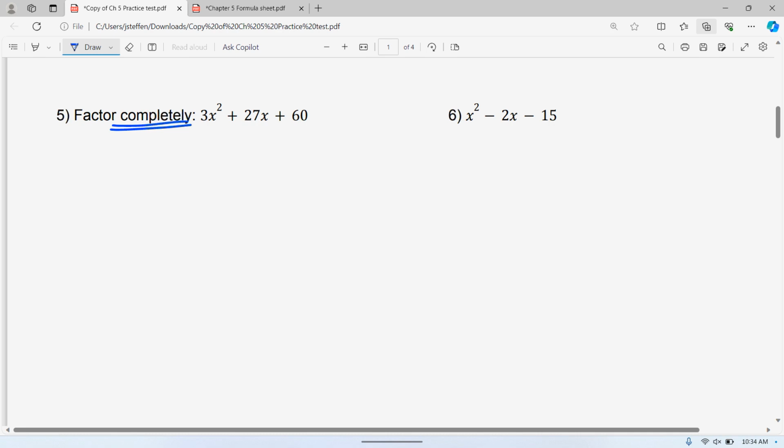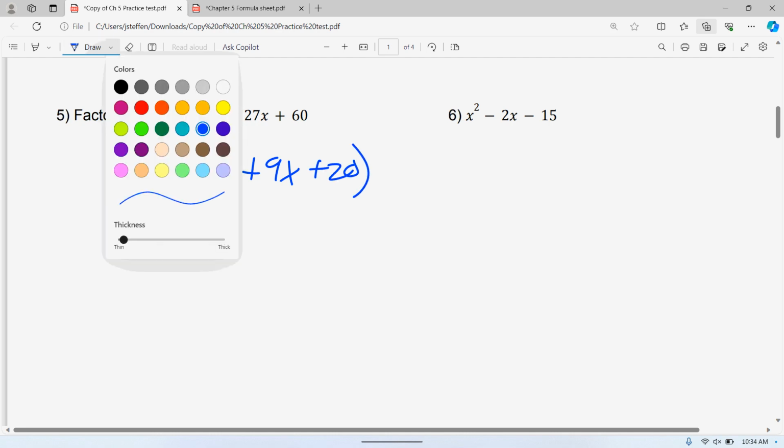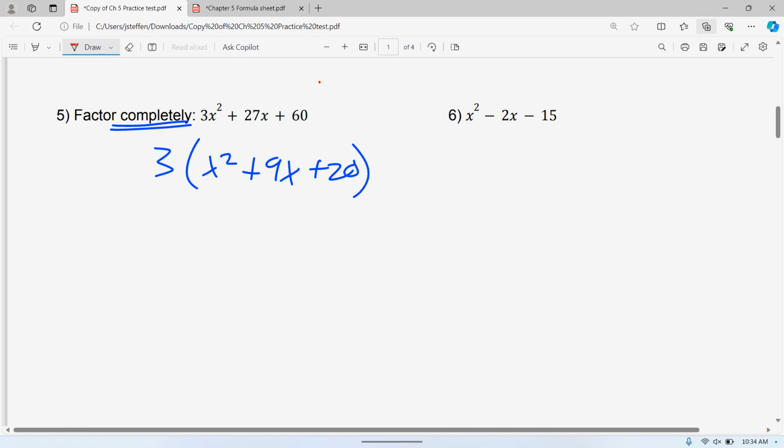So I can take out a 3, x squared. 27 divided by 3 is 9. Can't do anything with the x. 60 divided by 3 is 20. Factor completely part means we're not done yet. Now I have to factor this part. So factors of 9, that has to be 3, factors of 20, it is 5 and 4.